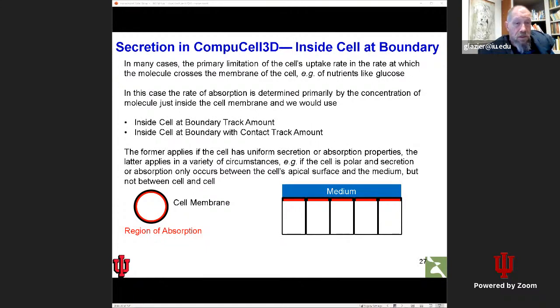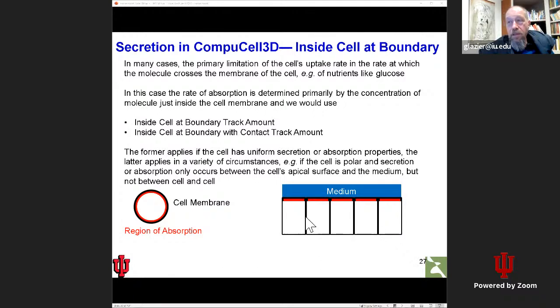Now there are going to be situations in which we need more detail, and then we'll have to do things like compartmental cells. But we very well might want to have a layer of cells in a line, like the one I've shown here, where the way molecules pass from cell to cell horizontally is fundamentally different from the way molecules pass vertically from the cell to the extracellular medium.